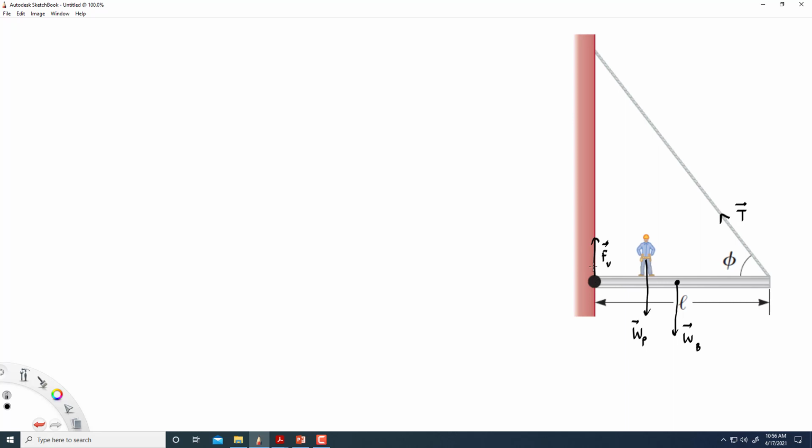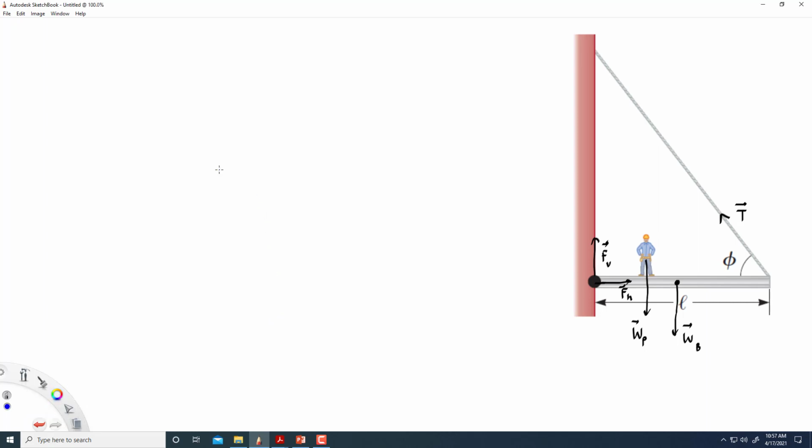And then also there is normal force of the wall on the beam, and because of which the beam doesn't move to the left. Okay, so let's call this force F horizontal, FH. Okay, so these are the forces that are acting on the beam.